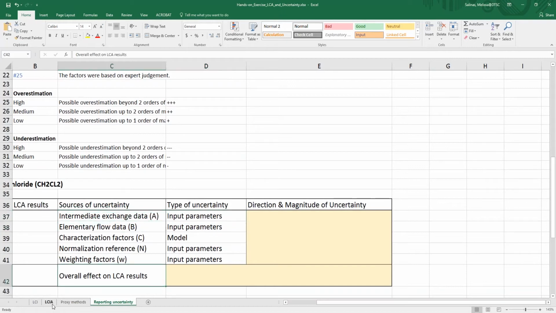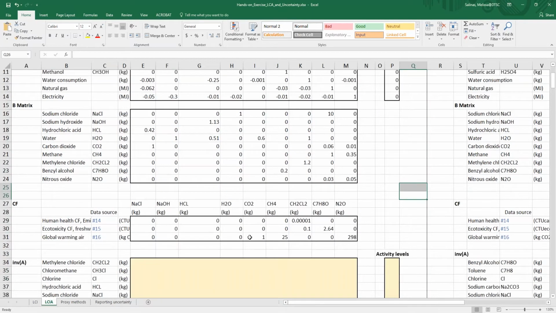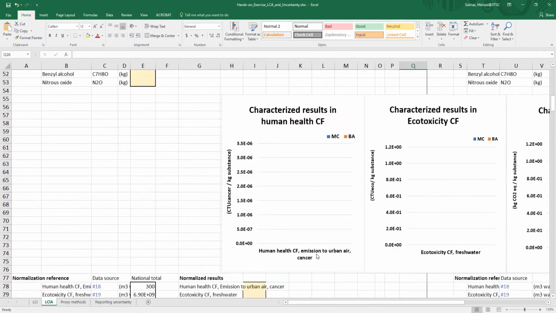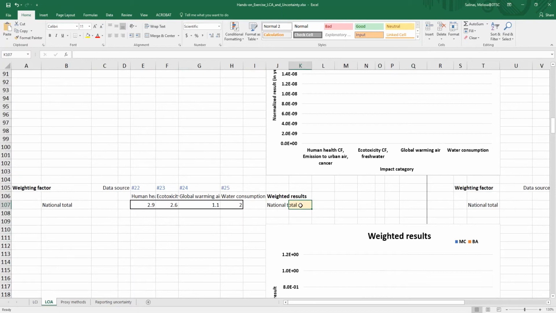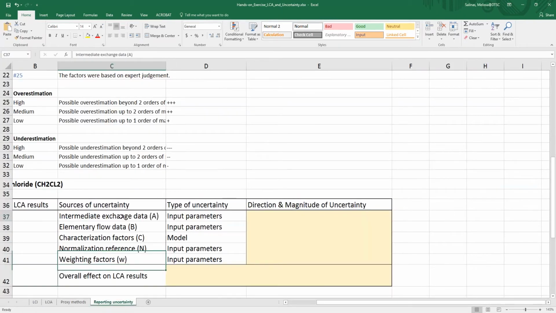If we want to understand the uncertainty of the weighted results that we have calculated here, that is a combination of uncertainties in the intermediate exchanges, elementary flows, characterization factors, normalization references, and weighting factors, right?